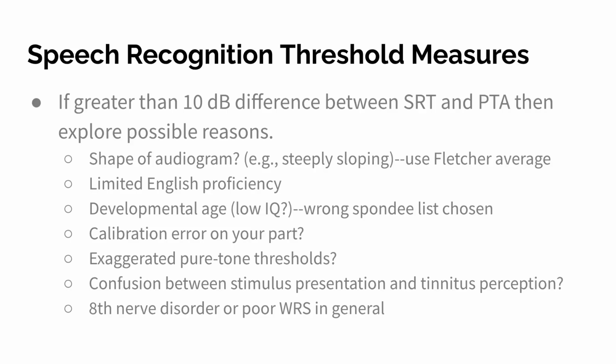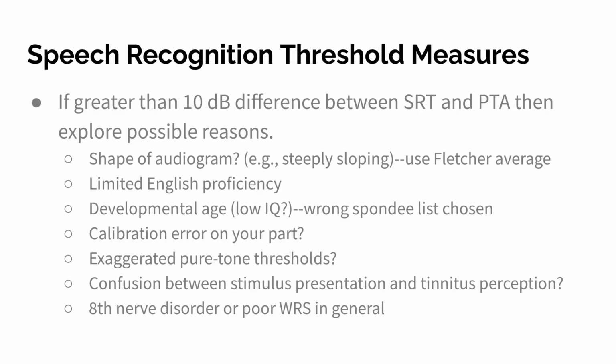So if there's a greater than 10 dB difference between the SRT and the PTA, then you want to explore other reasons. I mentioned 6 dB is pretty common for agreement, but 10 dB is at the upper limits. If there's greater than 10 dB difference between the SRT and the PTA, explore reasons why. Is it the shape of the audiogram?